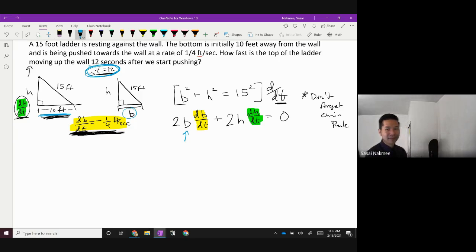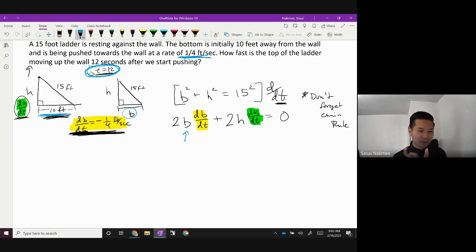And that's what I'm trying to tell you guys right now. The most common mistake is people will plug in 10 for b, but 10 is not your base after 12 seconds. Could you imagine this? The ladder is changing at a rate of 1/4 feet per second. It's getting smaller, right? So every second, it's decreased by about 1/4 of a foot.